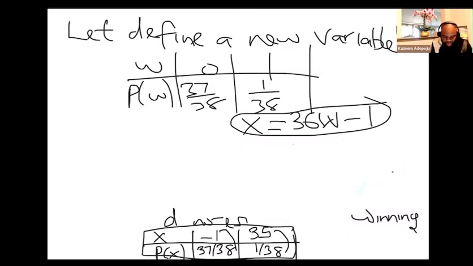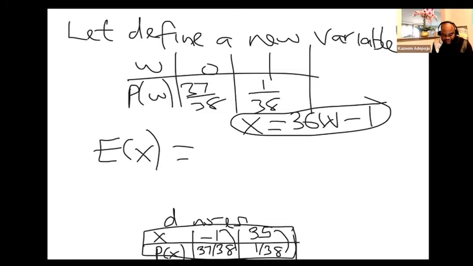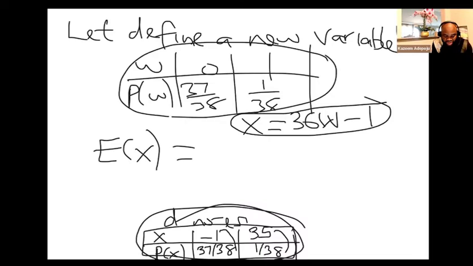Now, if I have X equal to that and I want to find the expected value of X without knowing that X and P of X exist, I want to find it from W, which means I'm going to make use of this. So it's going to be the expectation of 36W minus 1.